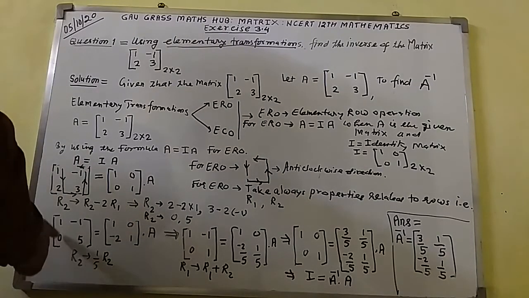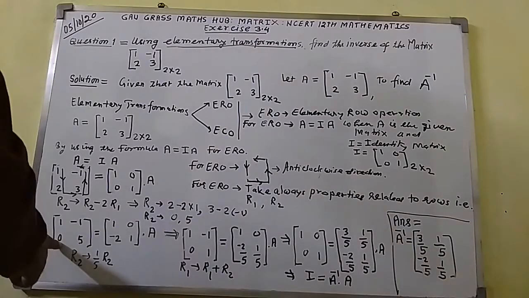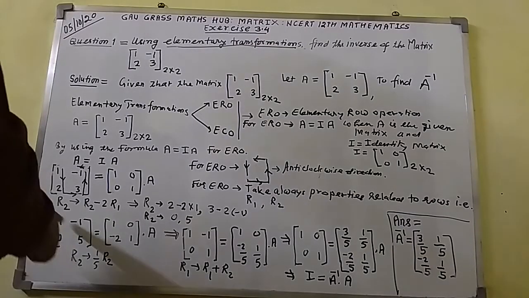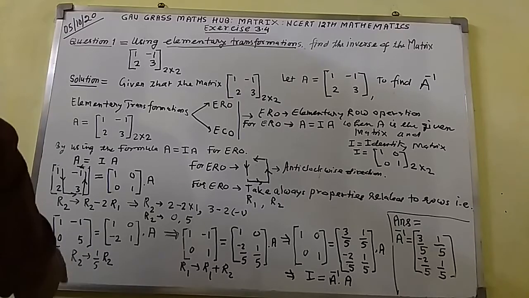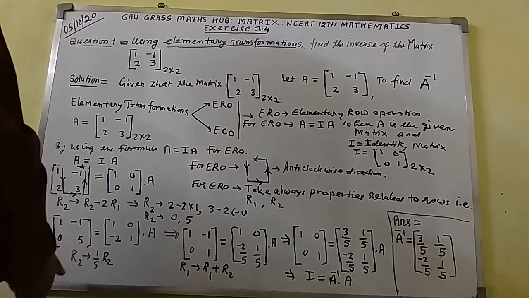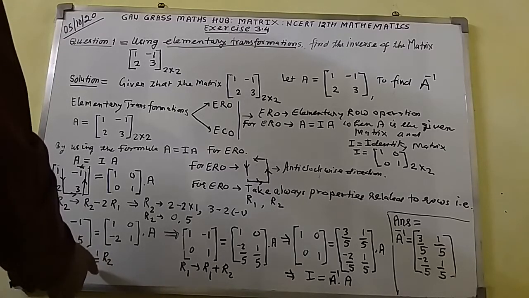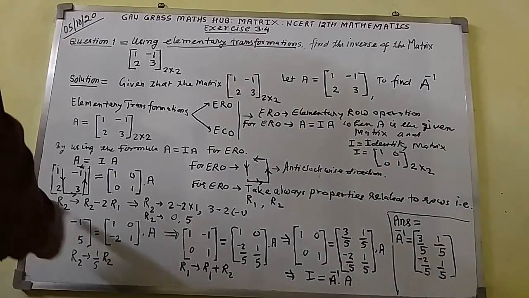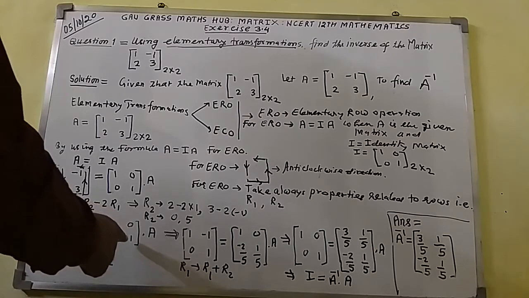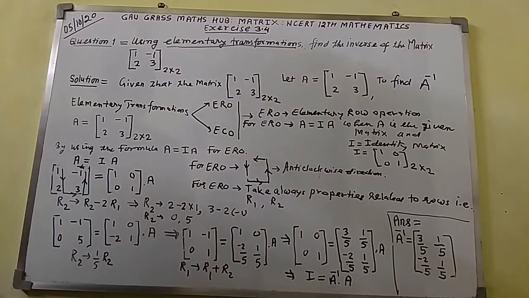The element of principal diagonal is going to be 1, and 1 is there. The rest of the elements should be 0, and here 0 is there. Here you can see 5 is there in principal diagonal, so this 5 will be converted into 1. For conversion of 5 into 1, we will apply R2 goes to 1 over 5 R2. Whatever changes occur here, the same changes will also occur here.